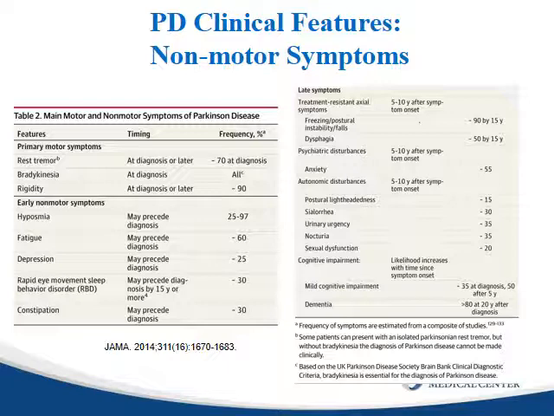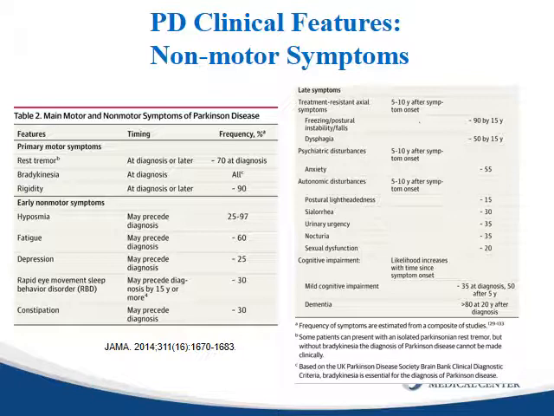Fatigue and depression are common non-motor symptoms, sometimes present before the diagnosis. Rapid eye movement sleep behavior disorder: those patients have vivid dreams. They act out during the dreams, like they're fighting or escaping from somebody. This is now considered a very characteristic feature of prodromal Parkinson's disease. Symptoms may precede diagnosis by 15 years or longer.